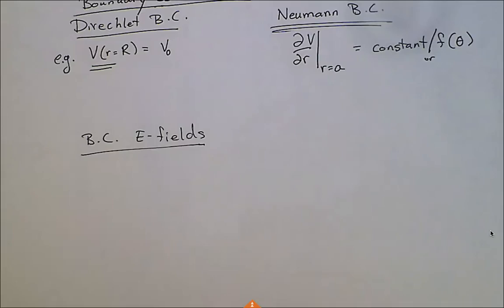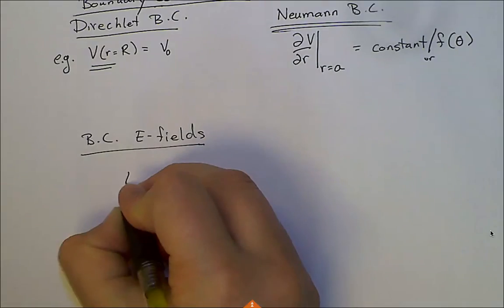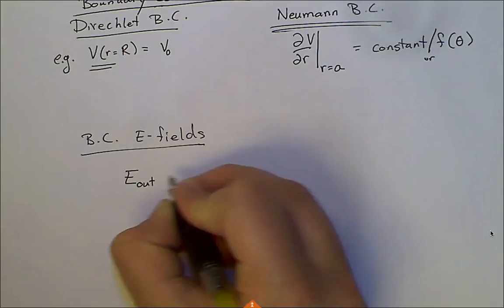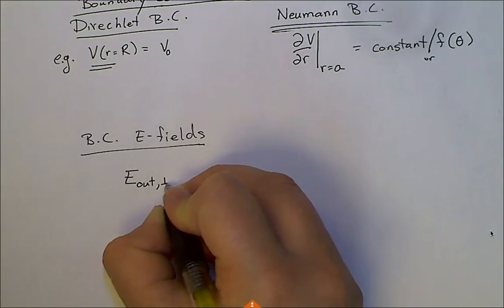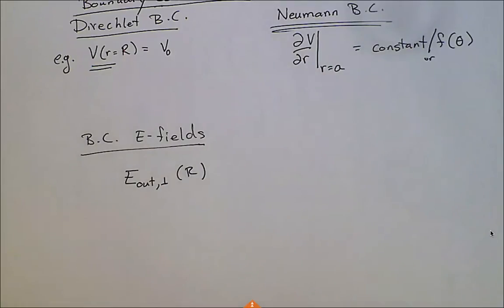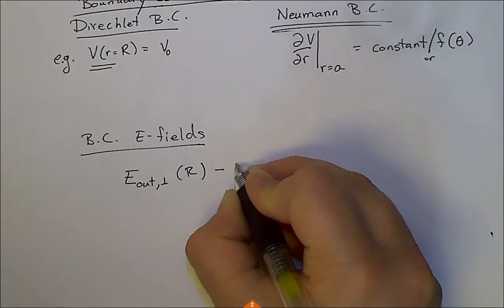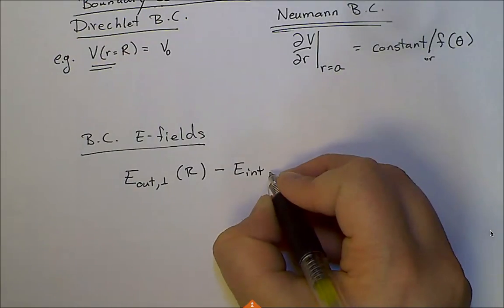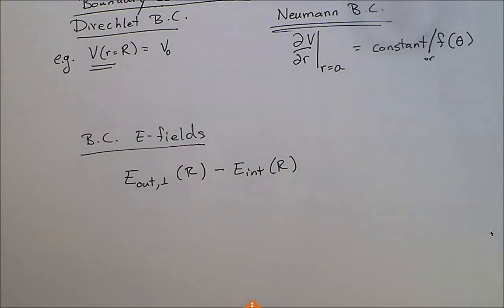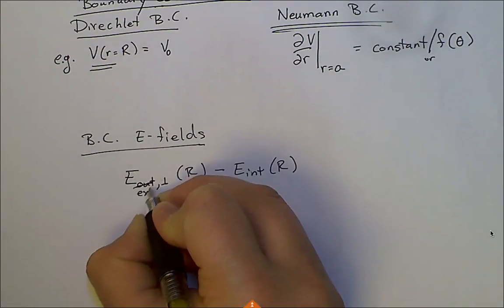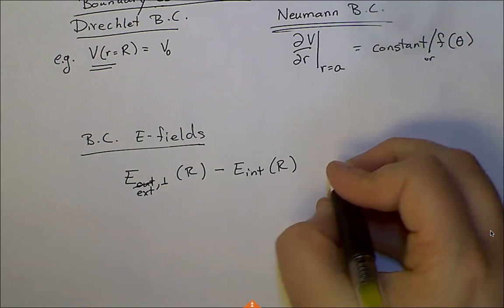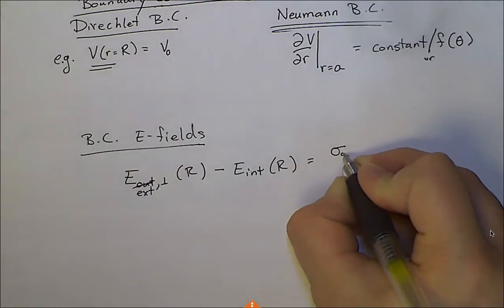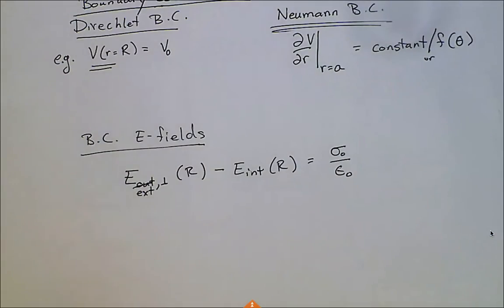You look back at Gauss's law, and Gauss's law will tell you, say, E outer perpendicular, evaluated at a specific radius, let's call that big R, minus E inner, or interior region, evaluated at capital R. Sometimes this is called exterior instead of outer, but again, it doesn't matter. And this is equal to sigma naught over epsilon naught, where sigma naught is a surface charge, and it could be a function of theta.